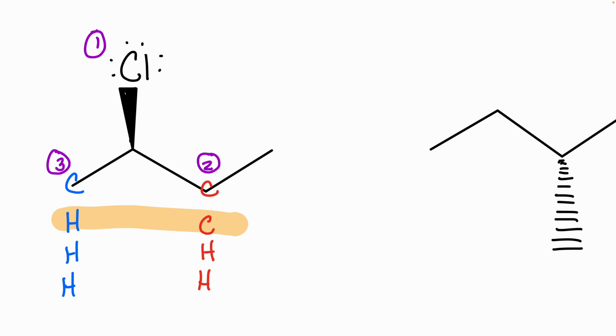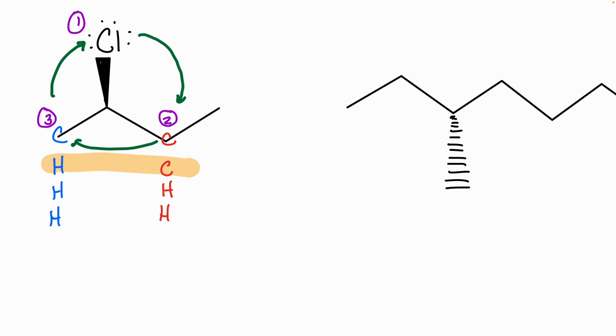I'm going to connect 1 to 2, 2 to 3, and 3 back to 1. And since I went in the clockwise direction, this one is which? The R stereoisomer. And I guess I should have noted I'm going to apply my normal rules because my hydrogen, my lowest priority group, is pointed into the page.